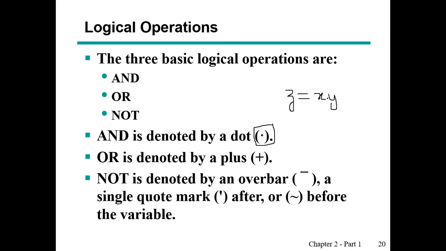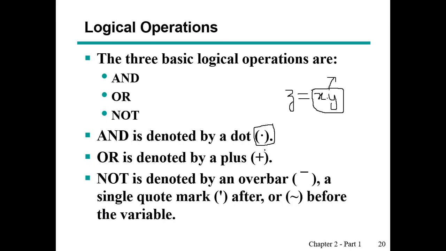Whether there is a dot or not, this basically shows a logical AND. It is not x multiplied by y. It is a logical product, not an arithmetic product. This is how we represent the AND operation.